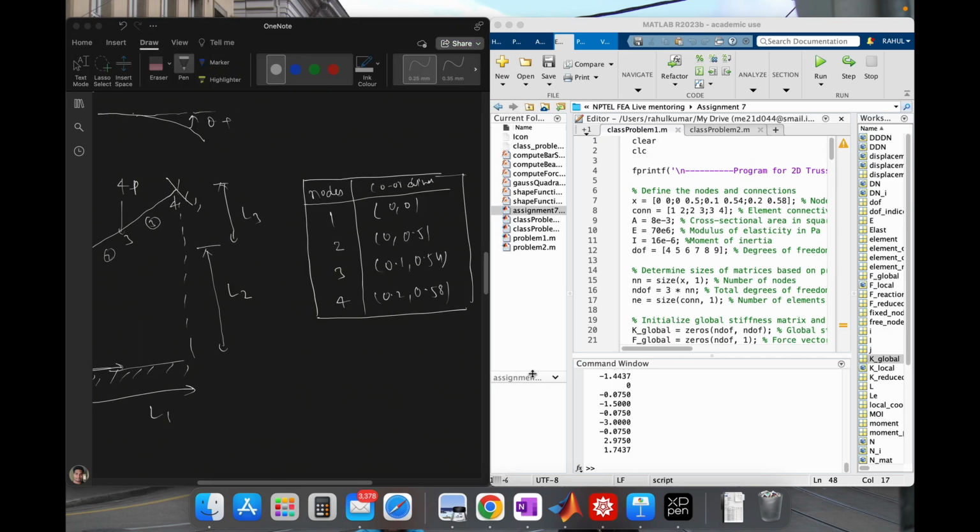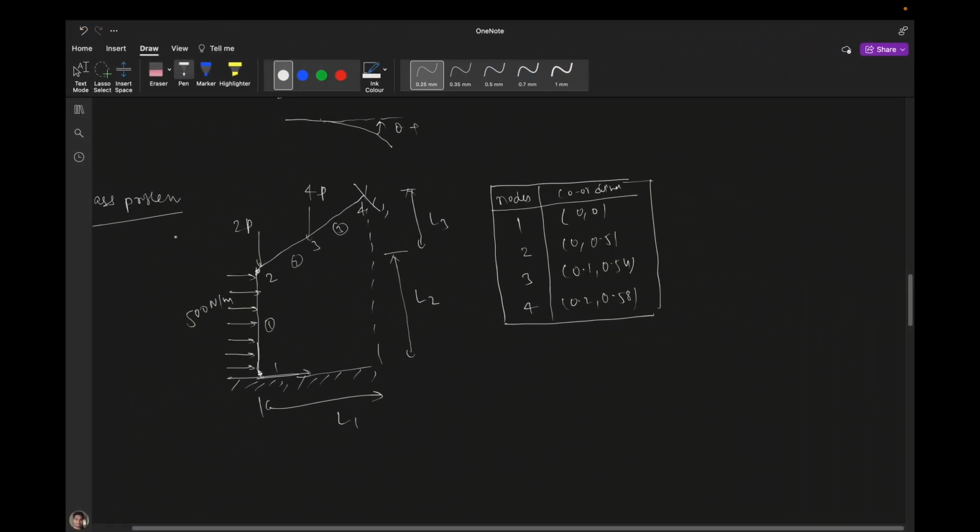So to solve this problem, we already saw that we are treating each frame element.